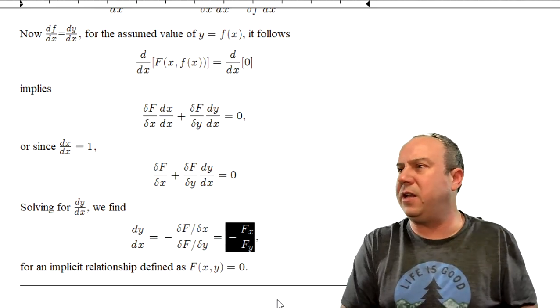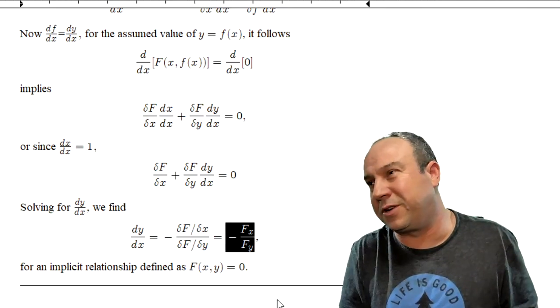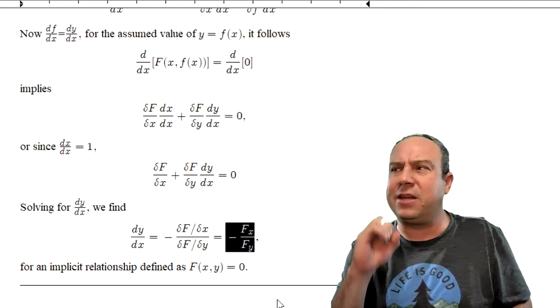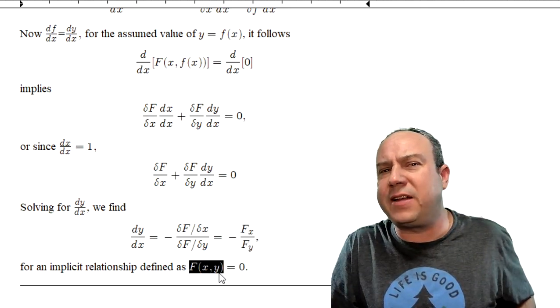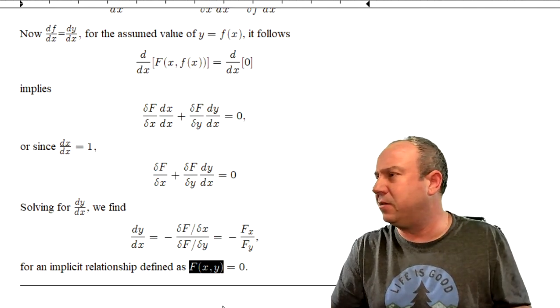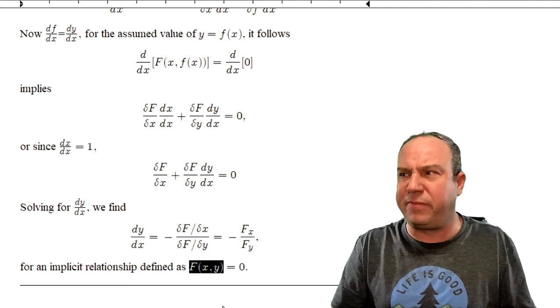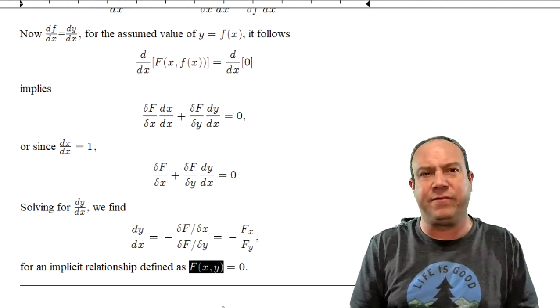If we can write an explicit or an implicit relationship set equal to 0, this also works for explicits, but we're considering the case for implicit. If we can take an implicit relationship and set it equal to 0, what we will see defined on the other side will be big F with respect to both variables x and y. It'll be a multivariable equation involving both x and y.